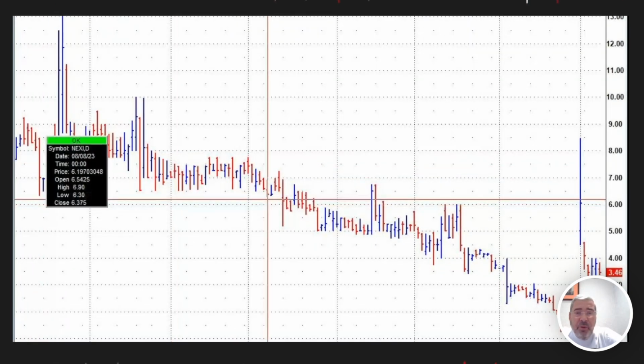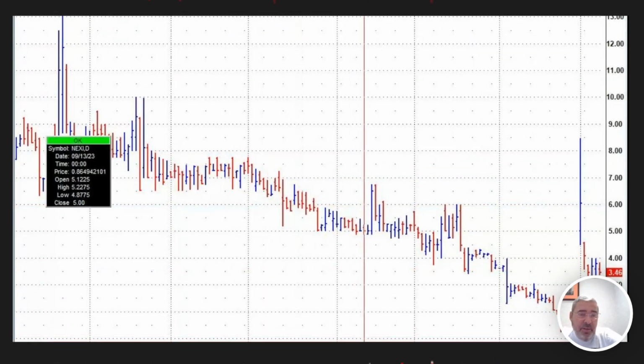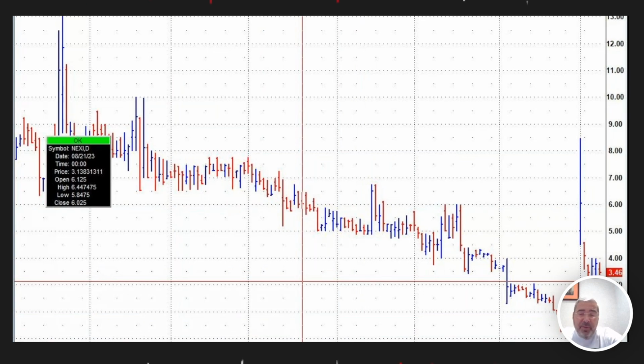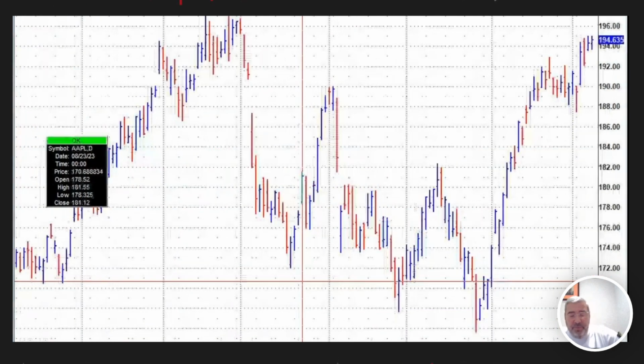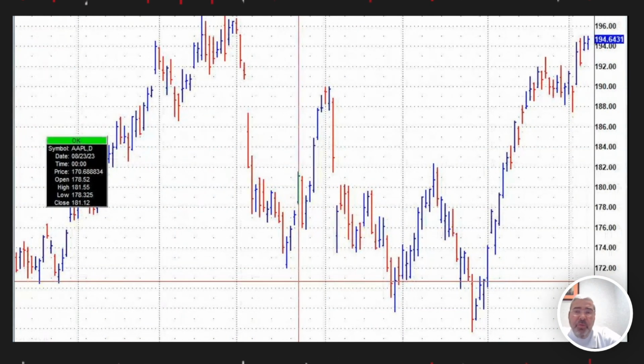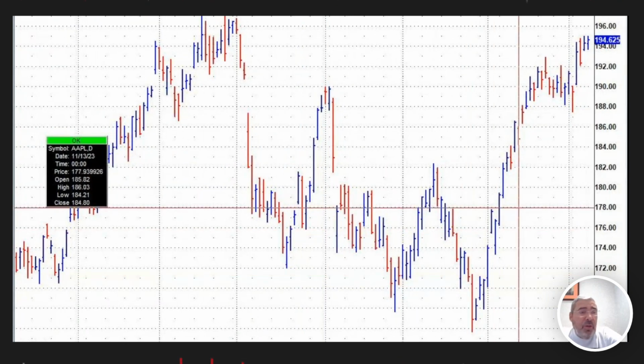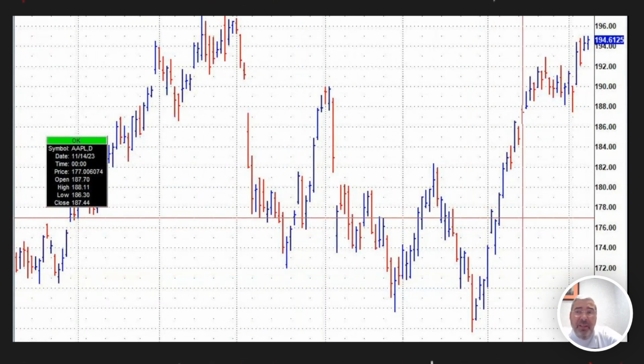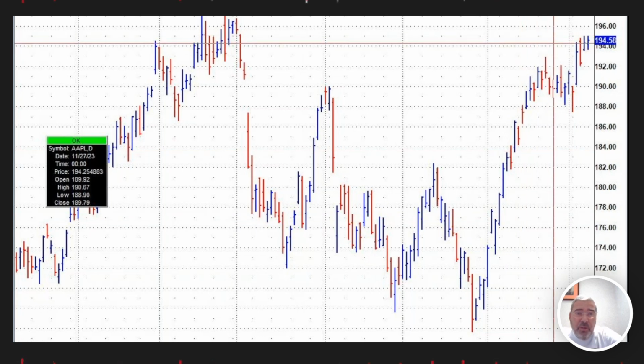Okay, so here we go. Let's take a very well-known stock, let's say Apple. What we see in Apple: first you have to see if there are big levels of support or resistance, because sometimes the stock has difficulty breaking up. Let's say the closest level is right here.